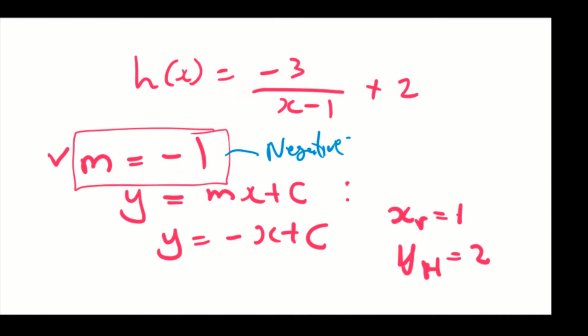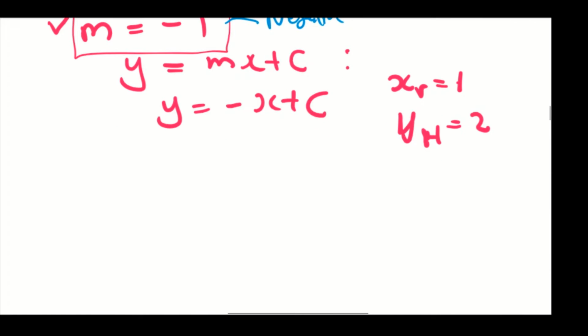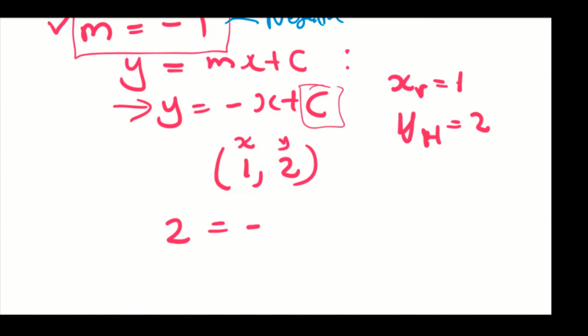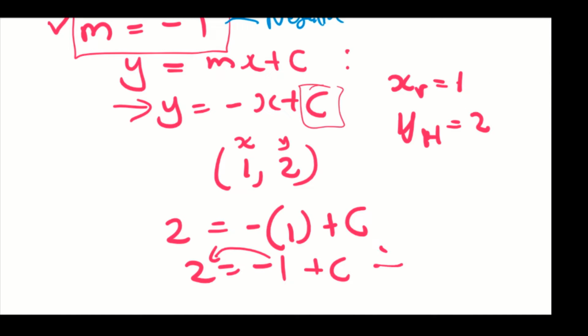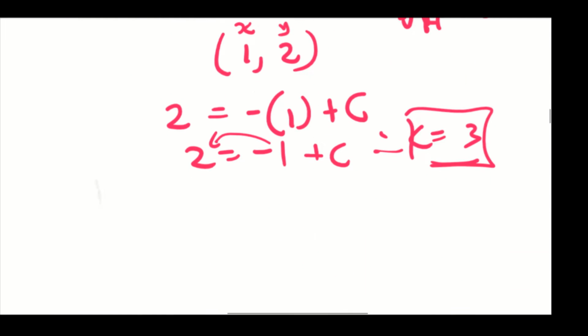So we're going to use this 1 and this 2 as a point to find the value of c. This is x, this is y, and we substitute in this equation here. So where there's y, you put 2 is equal to minus, where there's x, you put 1, plus c. So it's going to be 2 equals minus 1 plus c, and then transpose the minus 1 to the other side. We have c being equal to 3, right? So now you have c equals 3.